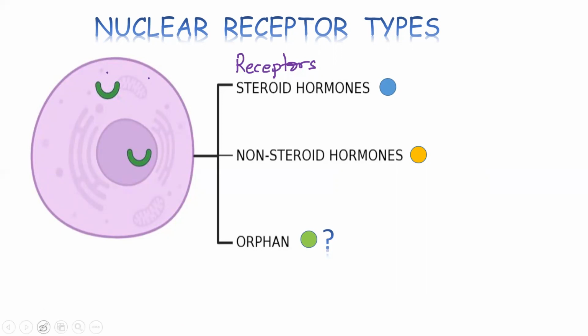To give some examples, we can think of progesterone, which is a good steroid hormone, and estrogen. You have others like androgens.